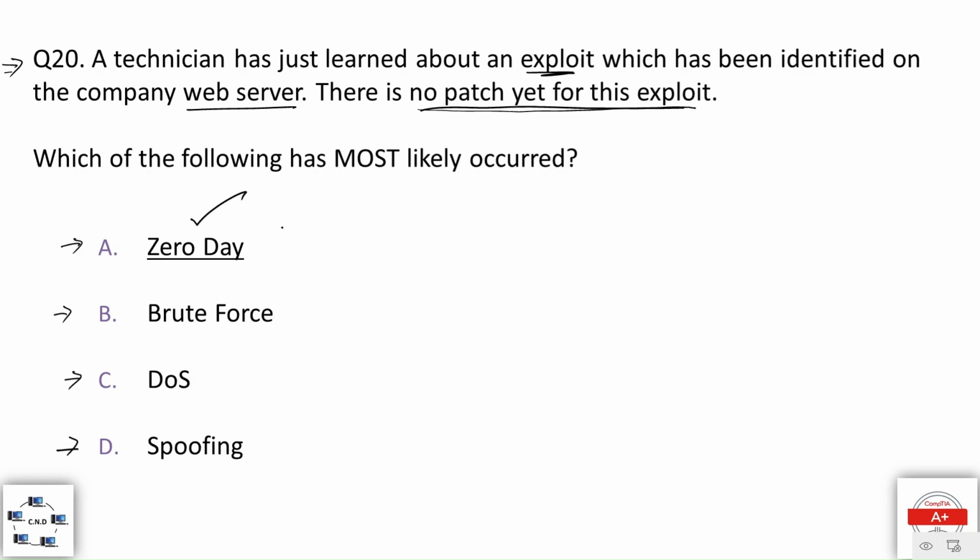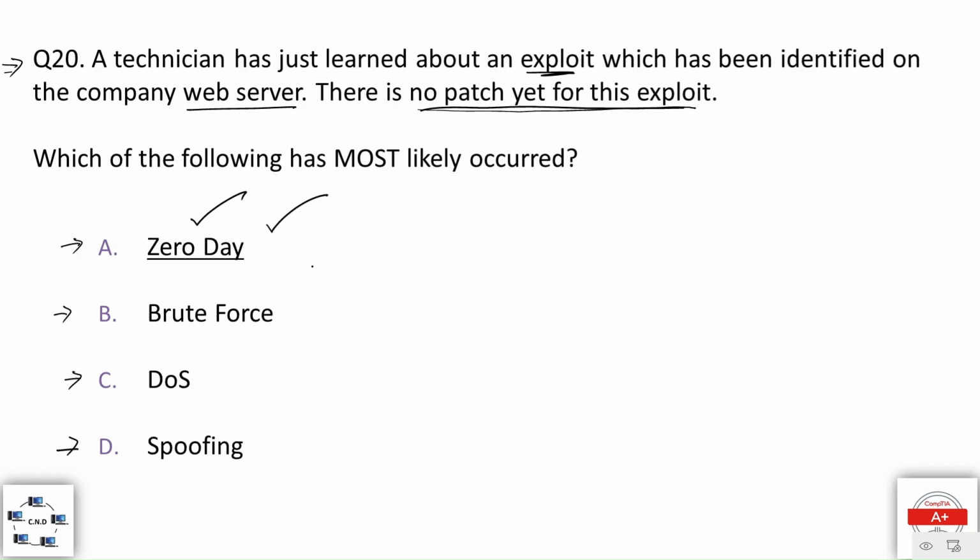So this type of exploit is very critical because there is no patch available and the malicious actor can exploit the vulnerability easily, since it cannot be patched or mitigated.